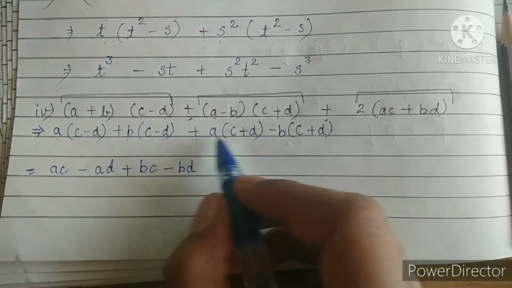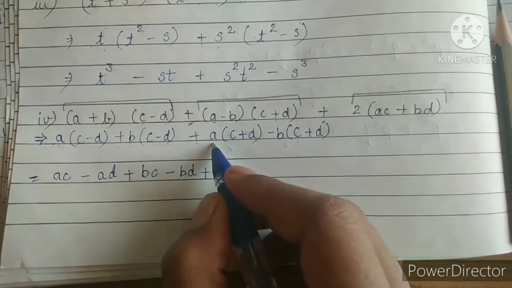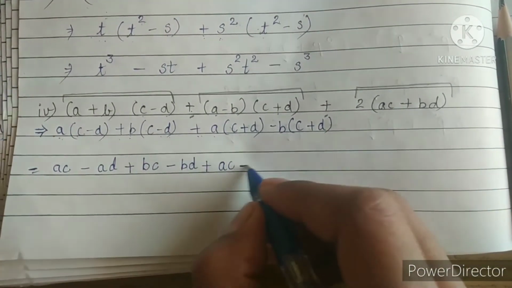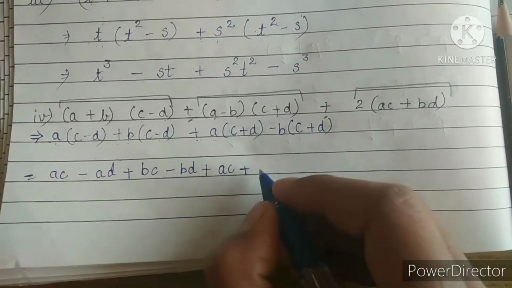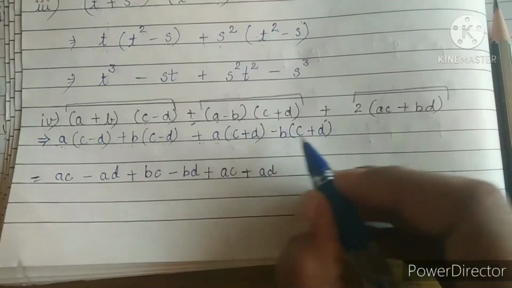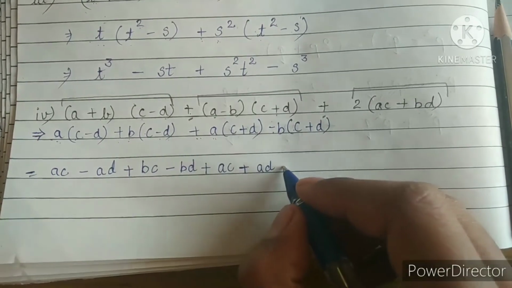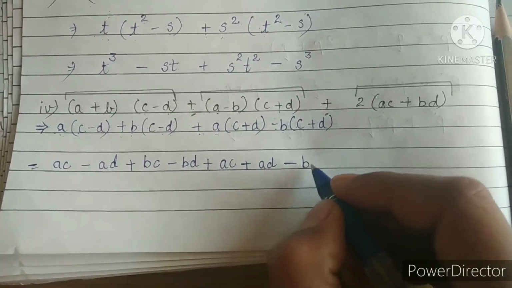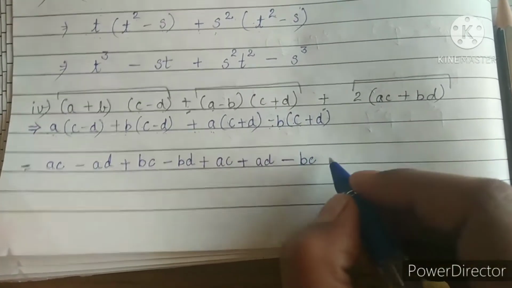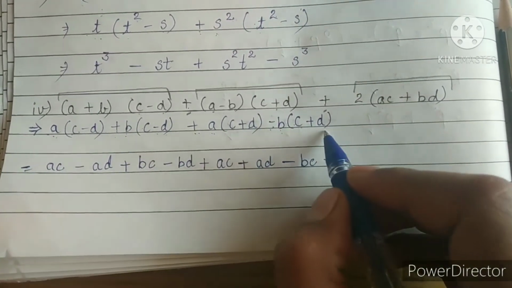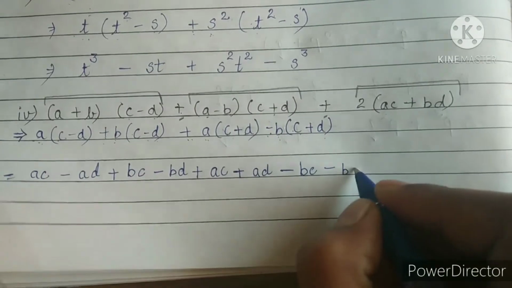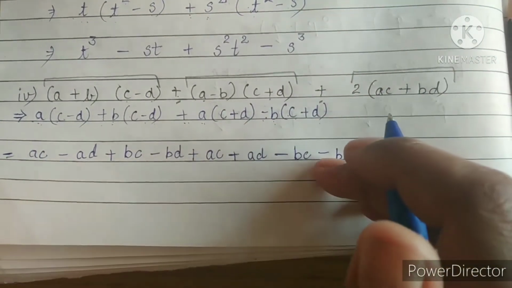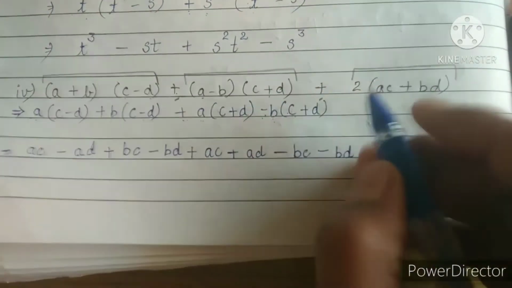It will be plus plus plus, a into c is ac, plus plus is plus, a into d is ad, minus plus is minus, b into c is bc, minus plus is minus, b into d is bd. Okay, now second is also solved. We will move on to the third one.